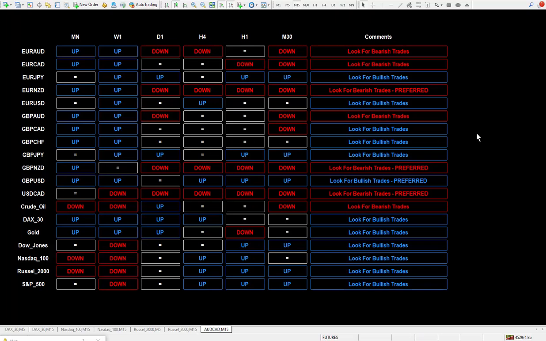You can adjust the settings on this daily trade plan to suit the type of trader that you are, either a scalper or day trader. I'm a day trader. Or if you're a swing trader or a position trader, you just play with the settings, not that difficult to do.